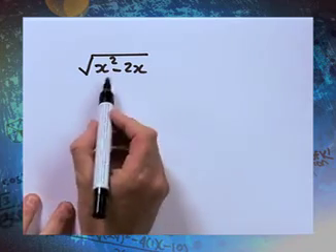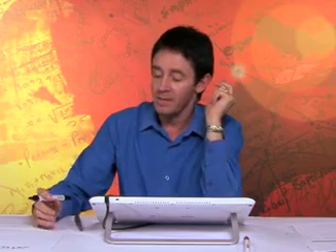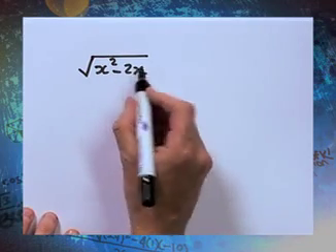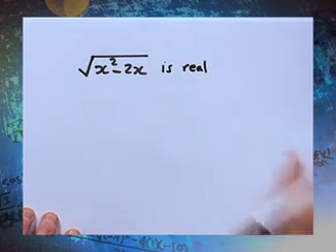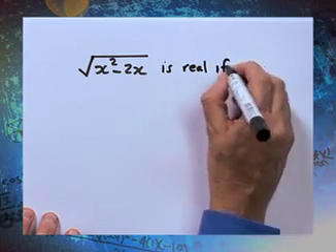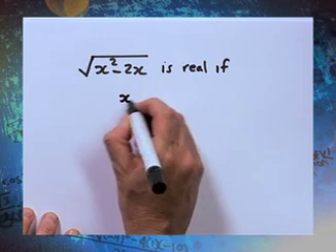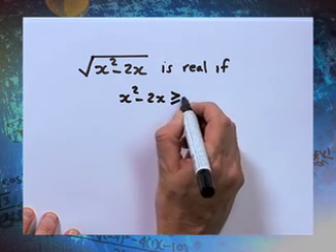Because x is a variable, x squared minus 2x could be very happy, or very sad as well, or it could be equal to 0. Now watch this. This is real if the expression under the root, x squared minus 2x, is bigger than or equal to 0.